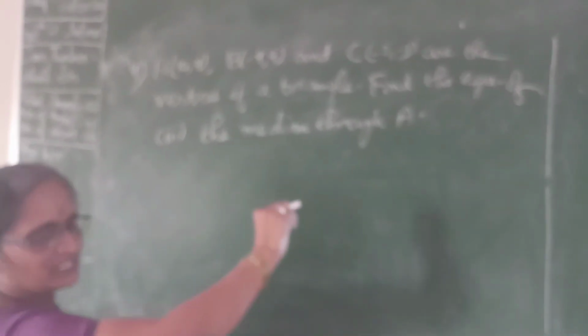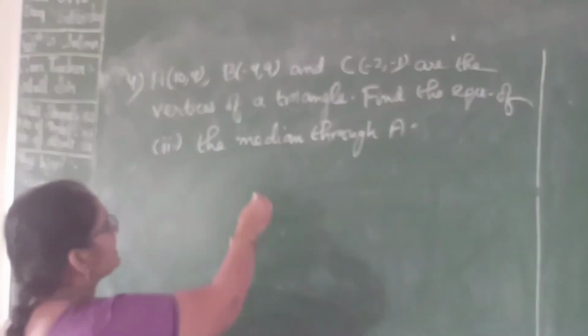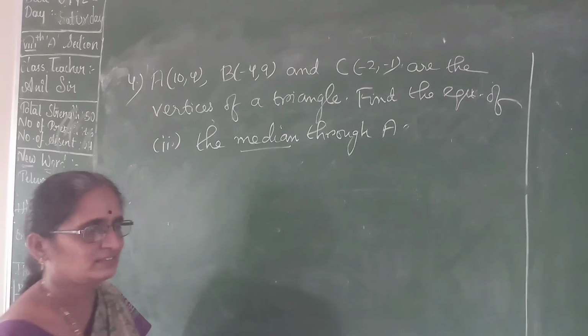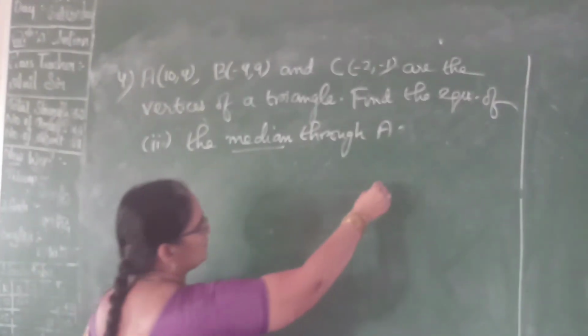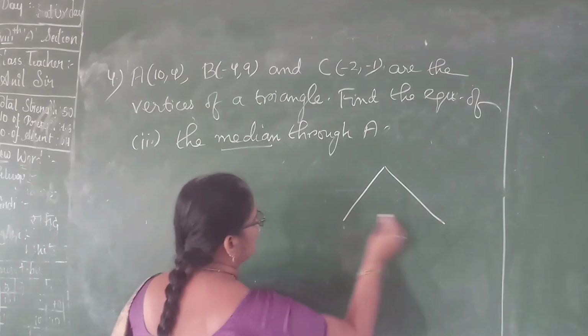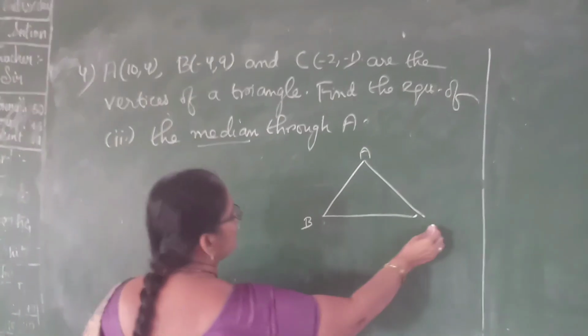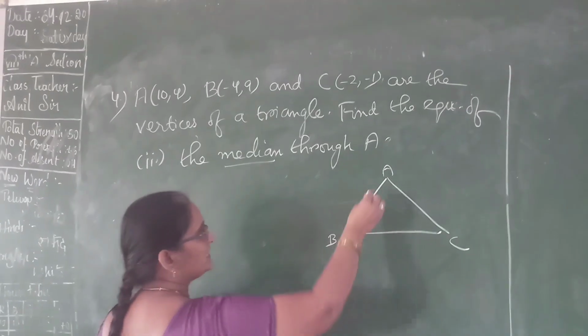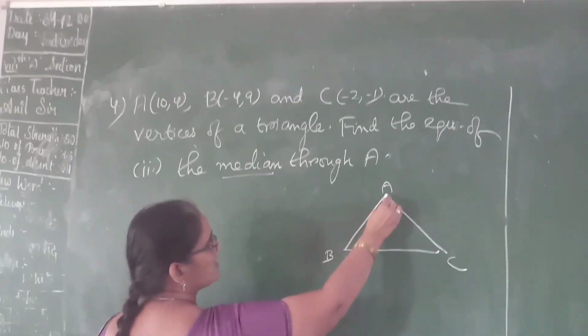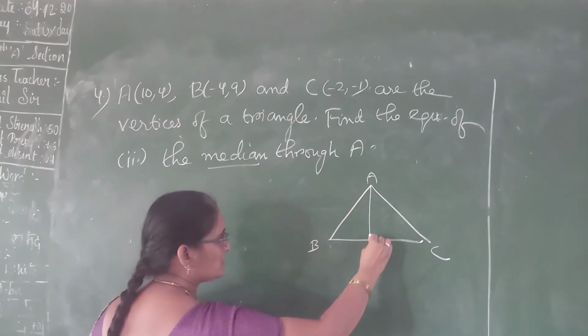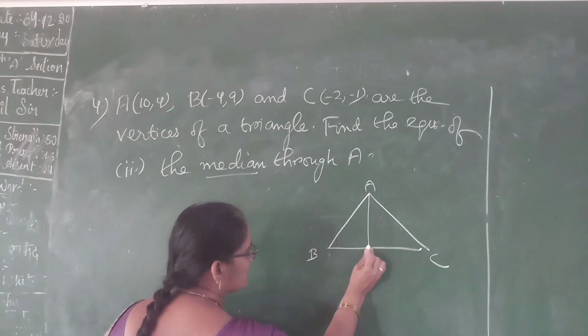Now the second question they have asked is the median through A. But what do you mean by the median of a triangle? Suppose this is the triangle with vertices A, B and C. Median means from this vertex you draw a line to the opposite side, to its midpoint.